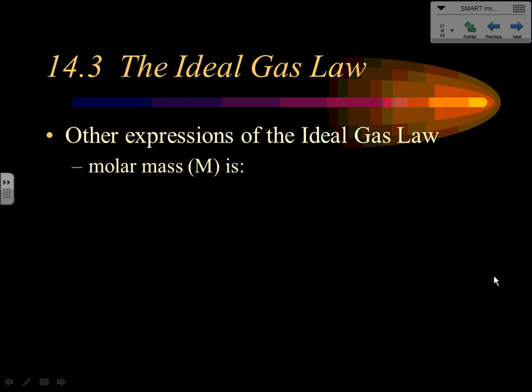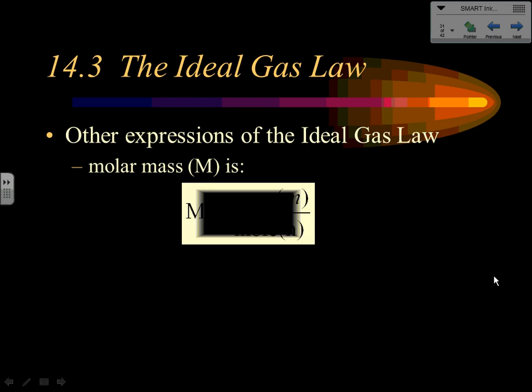Now, molar mass is going to be a capital M in the equations that we look at here. So let's say we want to deal with an equation that has molar mass in it. Well, remember, molar mass is actually related to the mass and the number of moles. Well, n is in PV equals nRT.